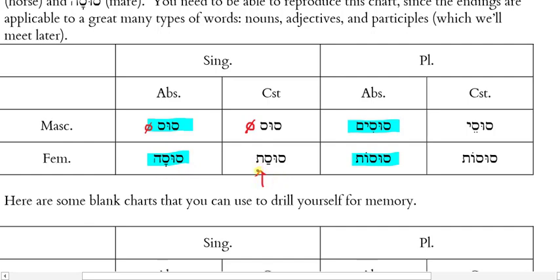Okay, that's marking a feminine singular form. So susa becomes susat. So that is definitely a change, right? So I'm going to highlight that ending in yellow. Let's take a look at the masculine plural form. Susim, over here, is a masculine plural absolute. But if I want to say the horses of David, susim changes to susay.